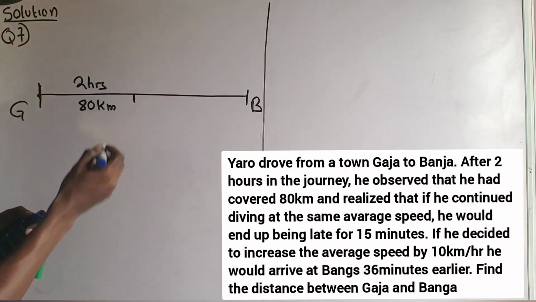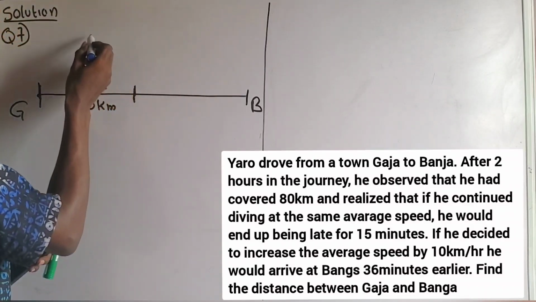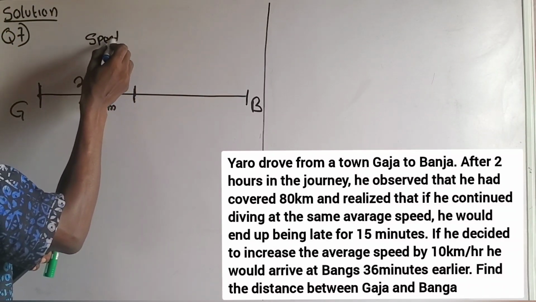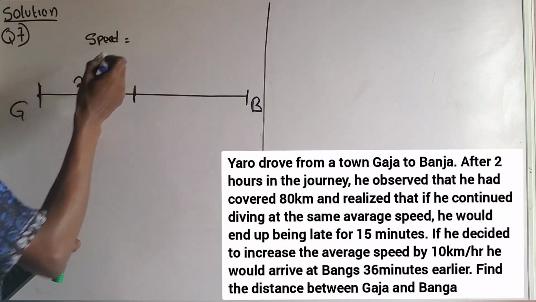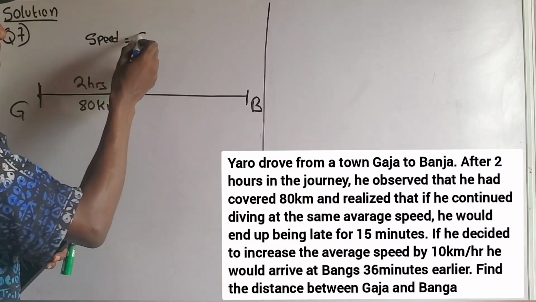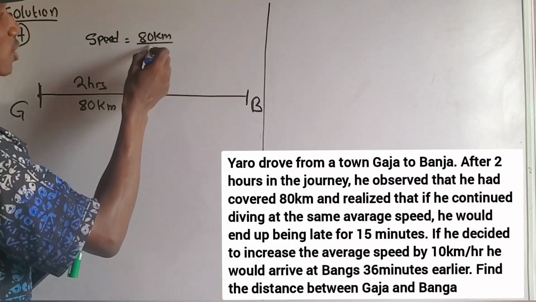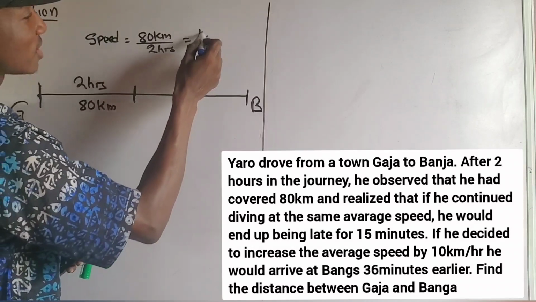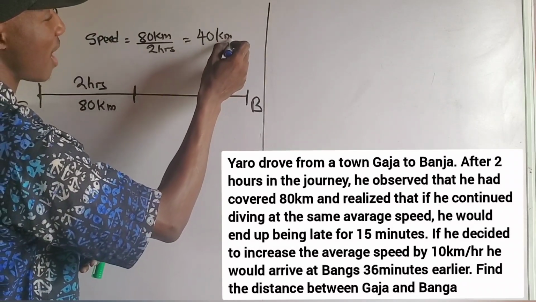Now, the meaning of that is that the speed that he was using, are you getting what I'm trying to say? Yaro's speed before is what? Distance over time. That is 80 kilometers all over 2 hours. That is 40 kilometers per hour.